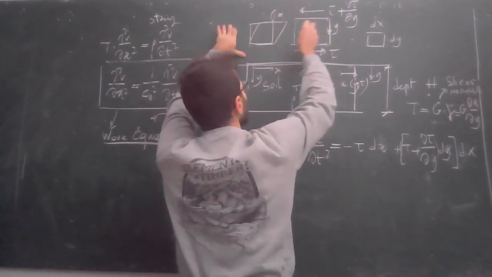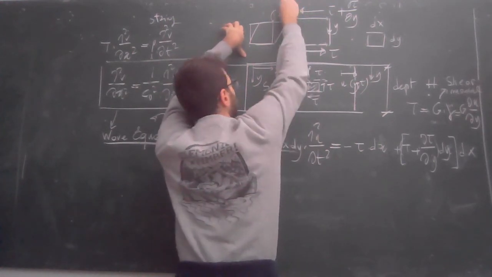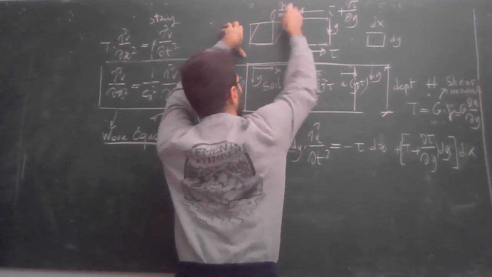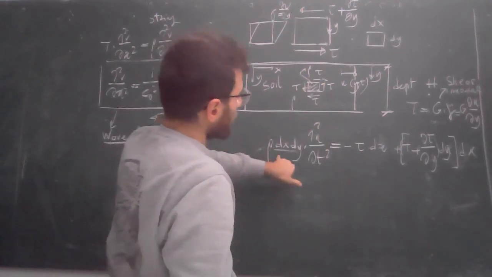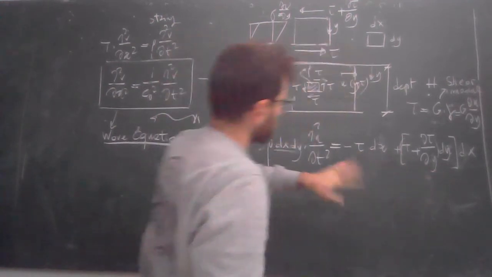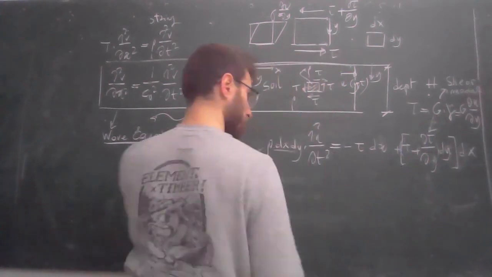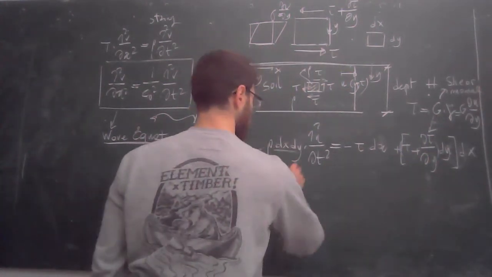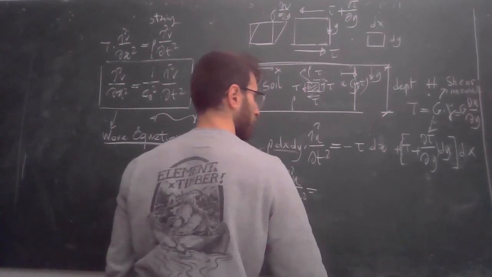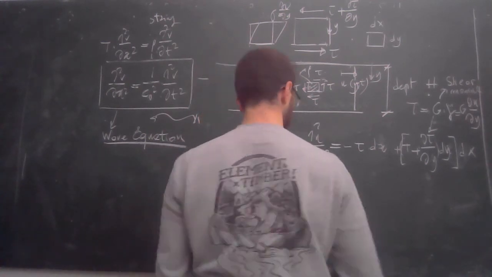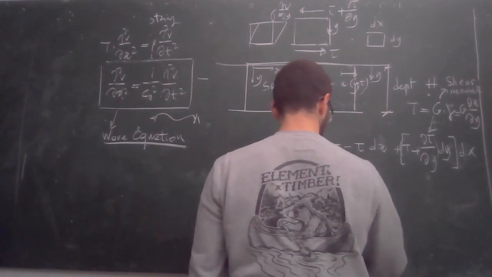If we divide both terms by dx dy and we plug this inside the equation, we have rho d squared u over dt squared is equal to G d squared u over dy squared.